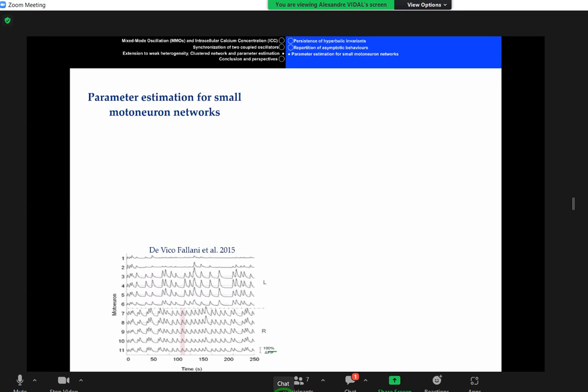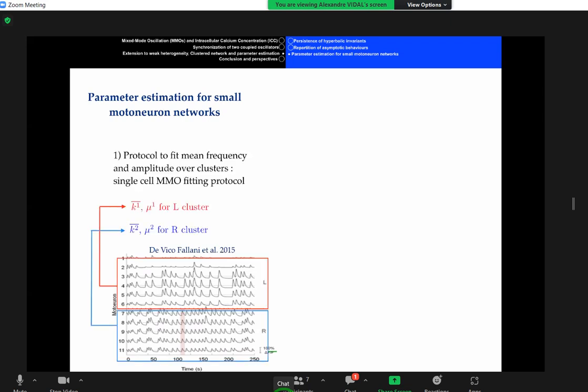Okay, so now here's the protocol for parameter estimation for the small motoneuron networks. In this experimental analysis, we have 12 motoneurons. In the zebrafish, there are not more than, I think, 16 motoneurons. So the protocol is to first fit the mean frequency and amplitude over clusters, meaning that we are able to have an idea of what should be K1 and mu1 and K2 and mu2, 1 for the left cluster, 2 for the right cluster.